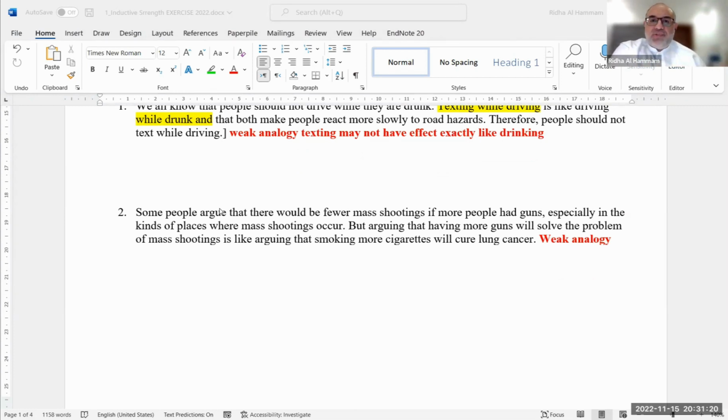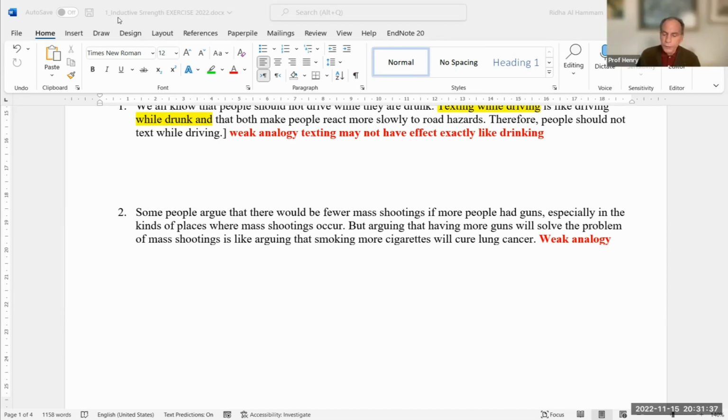It's a social issue, and allowing more cigarettes to cure cancer is an entirely different issue. You know, a health related issue. This analogy is weaker from that standpoint, I think.